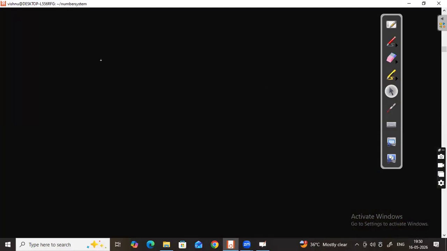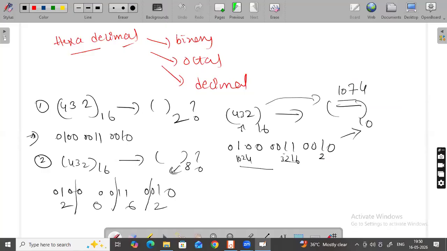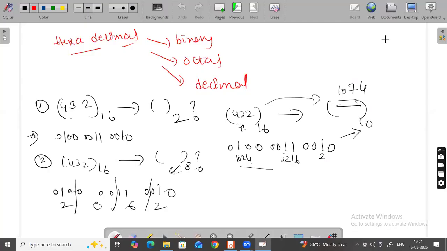What I'm going to do here, simply I'm writing the program: int main function, and I'm taking a hexadecimal value, int x equal to 0x432, which means it is hexadecimal 432.